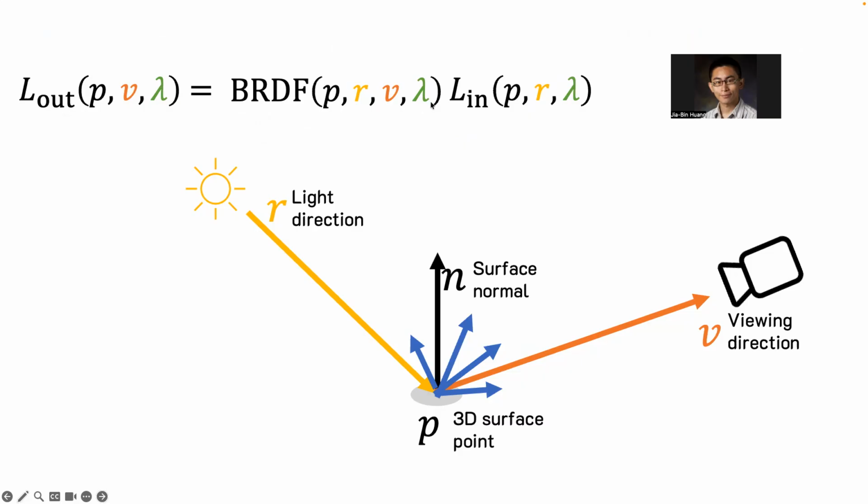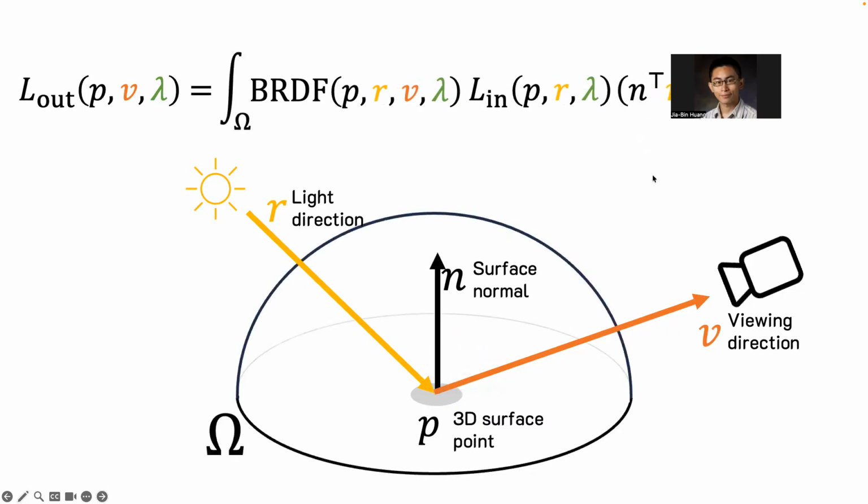Okay. And then you need to account for the foreshortening effect. That is, if a light source and the surface normal are oriented at this angle, then you'll receive less light. So you capture this foreshortening effect. And what you need to do is further integrate all the light sources that are coming from that surface, right?